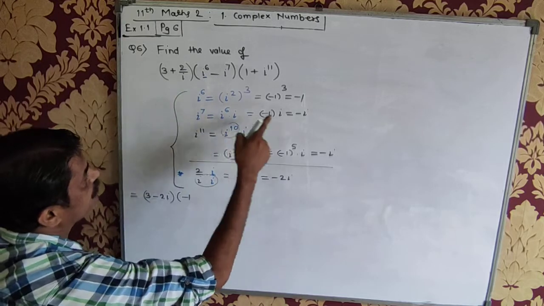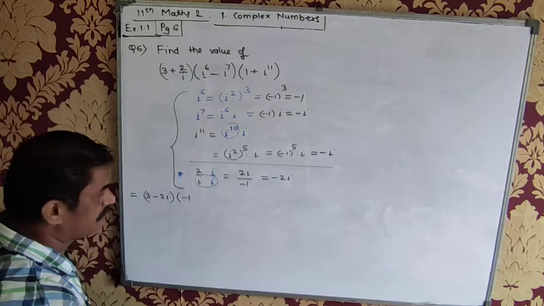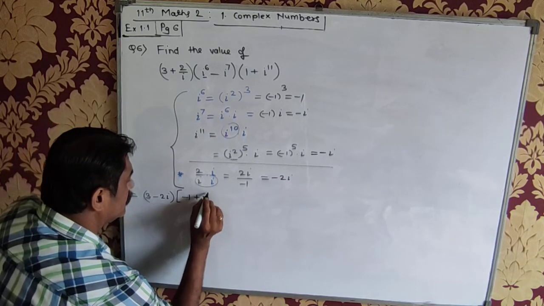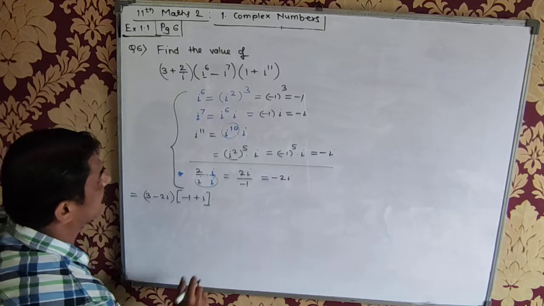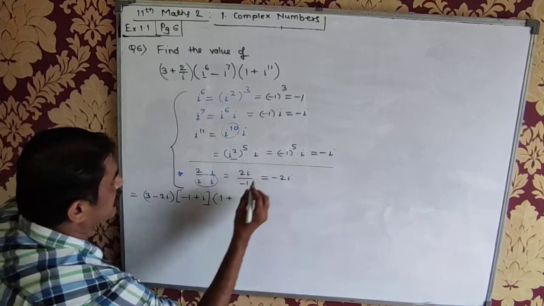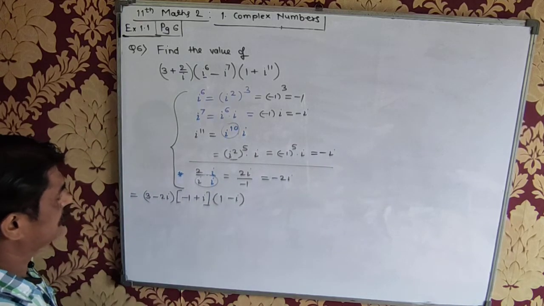i raised to 6 is minus 1. Minus i raised to 7, minus of minus i, minus of minus is plus, write directly, into 1 plus i raised to 11 that is minus i. Agree? Yes. Okay?